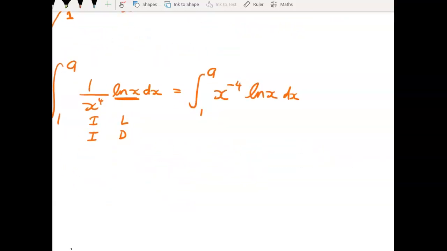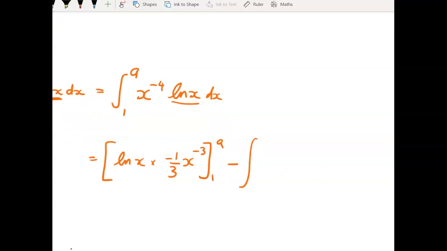So off we go as usual. We'll leave this, so the natural log of x times -1/3 x to the -3 evaluated here, minus the integral of this expression here integrated, and this function here differentiated.